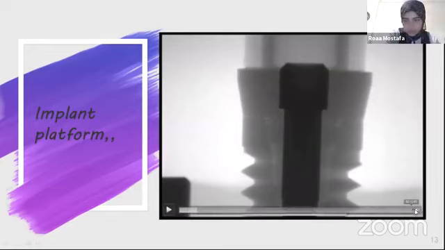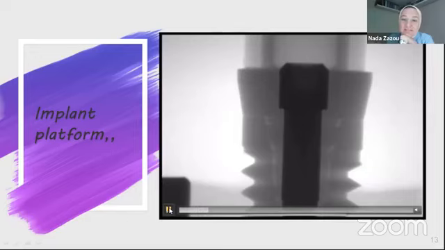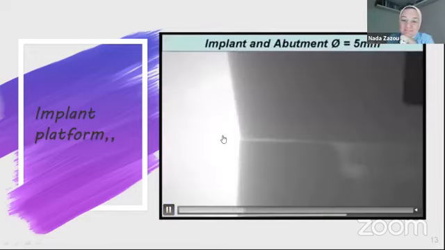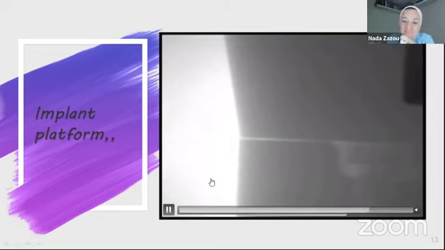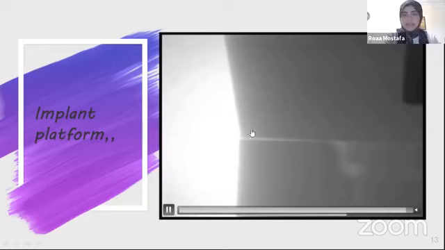On loading, there's this gap that happens when occlusal load occurs, if both the implant and the abutment have the same diameters.